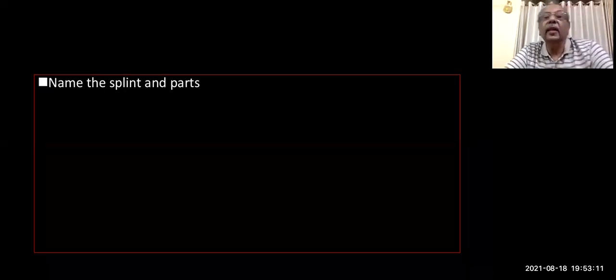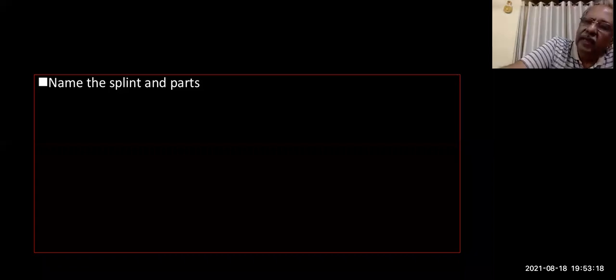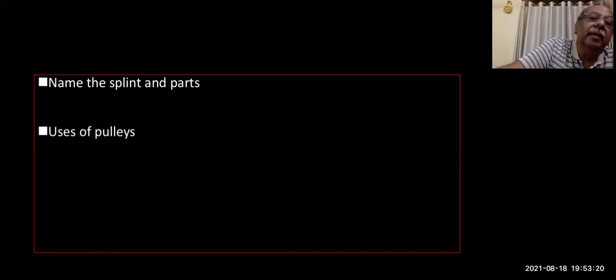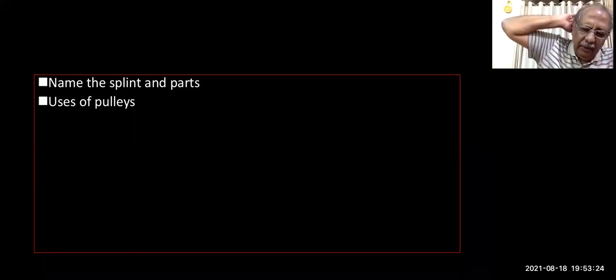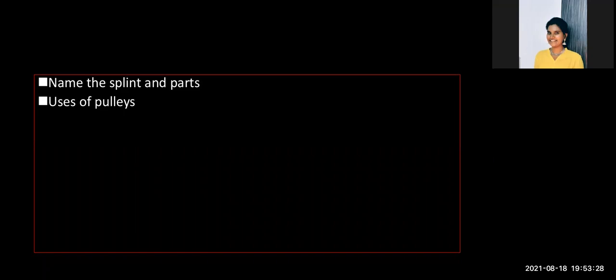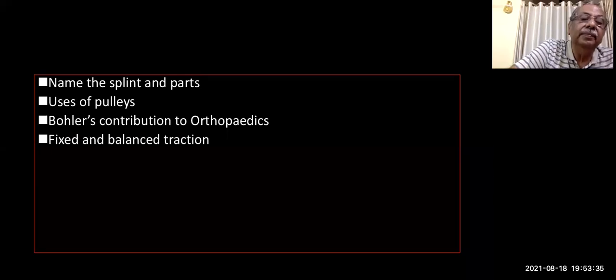So the questions that are usually asked in this section on skeletal traction are the name, the splint, and the parts which we have described. Then the uses of the 4 pulleys; you have to identify the pulleys and tell the use of these pulleys. Then Bowler's contribution to orthopedics. Then fixed and ballast traction.